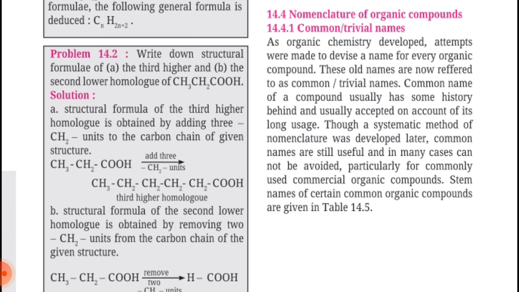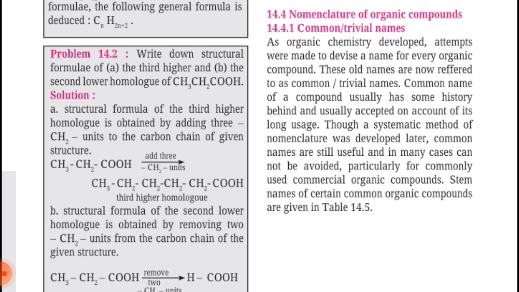Write down the structural formula of A, the third higher, and B, the second lower homologue of CH3CH2CHO. Solution. A, the structural formula of the third higher homologue, is obtained by adding 3 CH2 units to the carbon chain of the given structure.